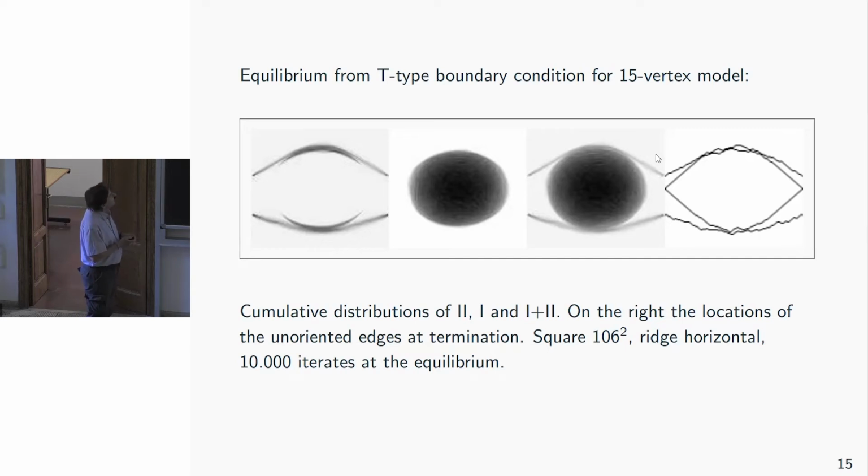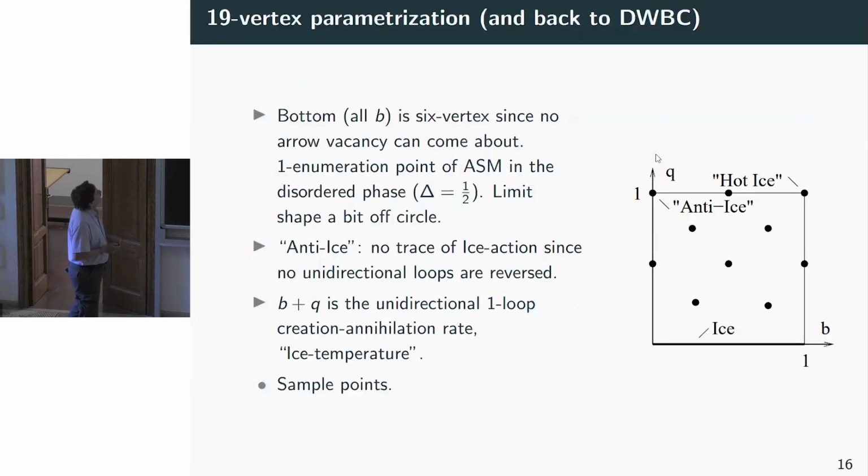Okay, I have to rush now a little bit to say something about the 19-vertex model as well. So this is the setup with the parameters B and Q. Notice at the bottom in here, if Q is 0, that means that no fully oriented unidirectional loop is ever going to be killed.